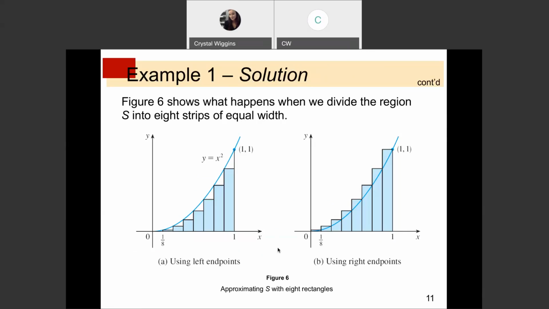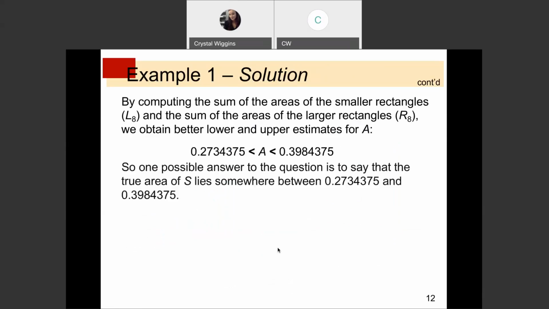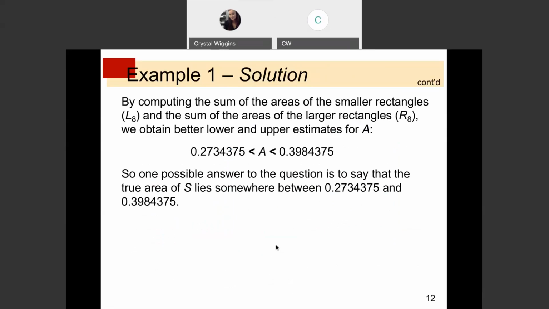Okay, if we increase the number of rectangles we're using, we are going to reduce the amount of area that's overestimated or underestimated. So the more rectangles we have, the more accurate we get. If we did 8 rectangles instead of 4 rectangles, notice the gap between the values is getting closer together.